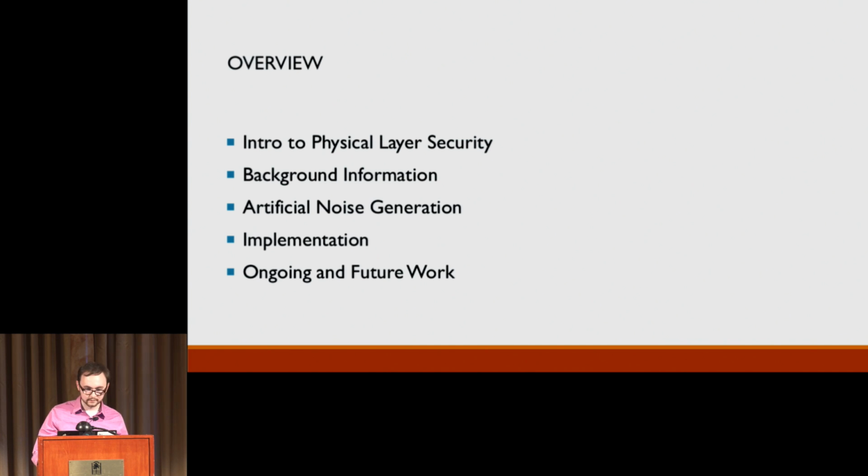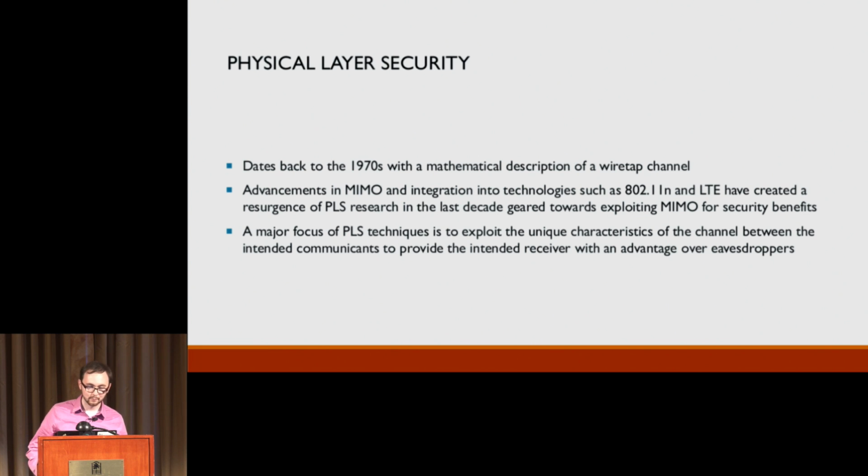So to start off, just to introduce what is physical layer security. This is a pretty old concept. I mean, people have been talking about low probability of intercept, low probability of detection since the 1970s. And what really has brought this back into popular research in the past decade has been the invention of MIMO, multi-input, multi-output technologies.